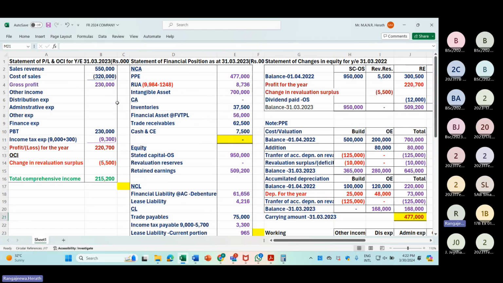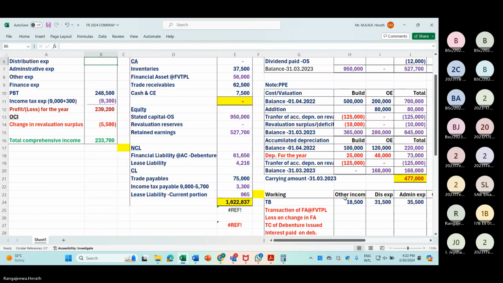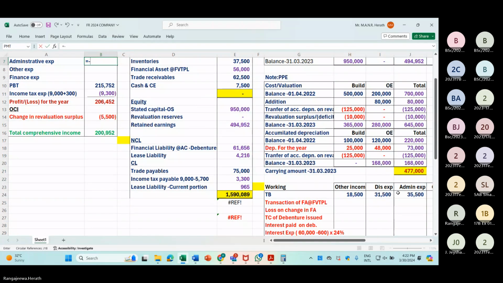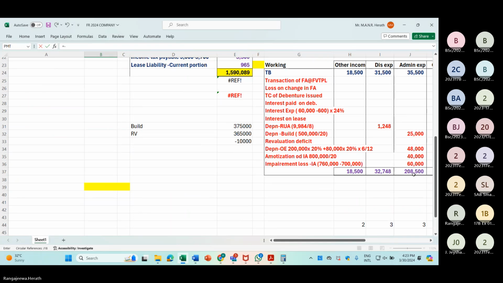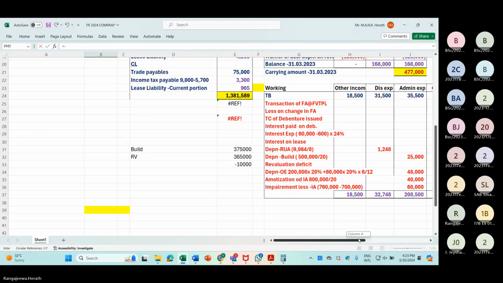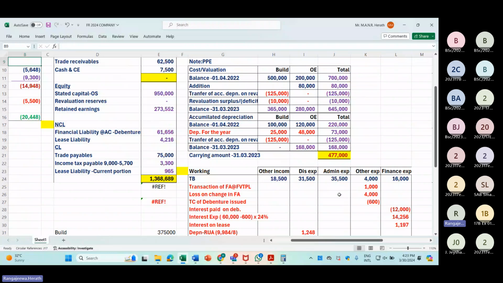And we can have these totals now. We are adding other income and deducting distribution expense, admin expense, other expense, and finance expense.